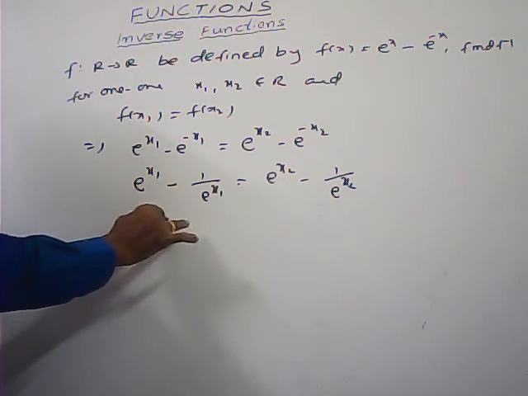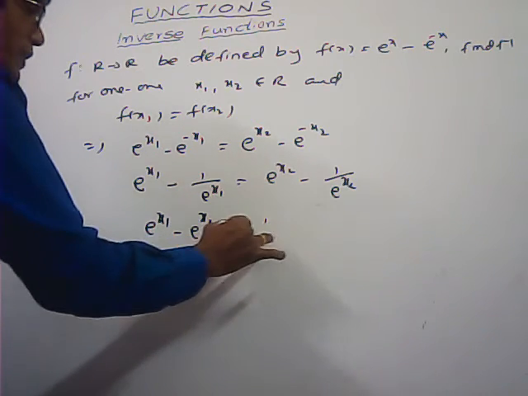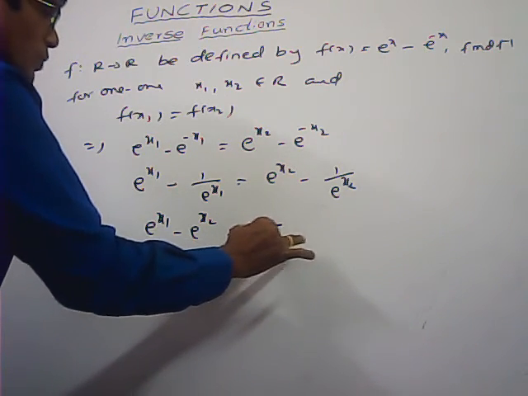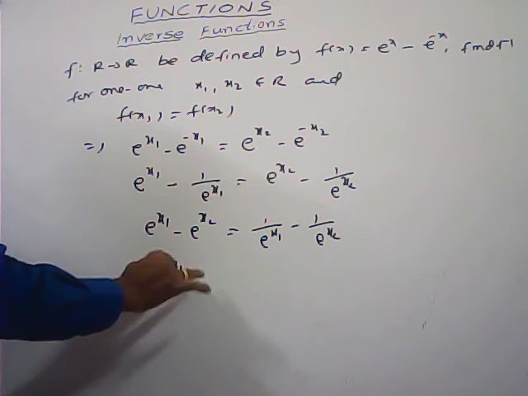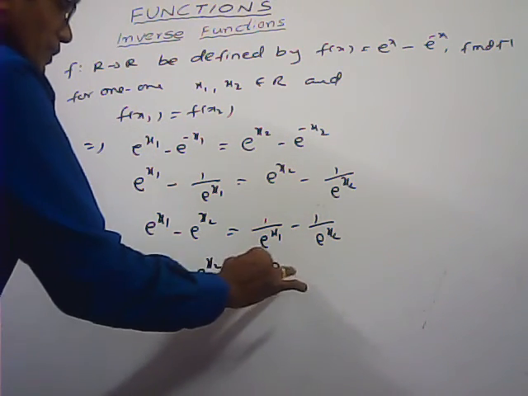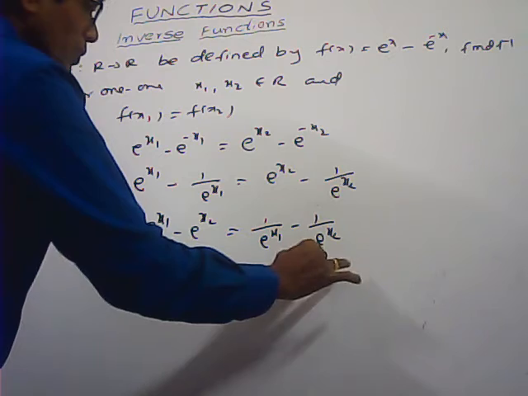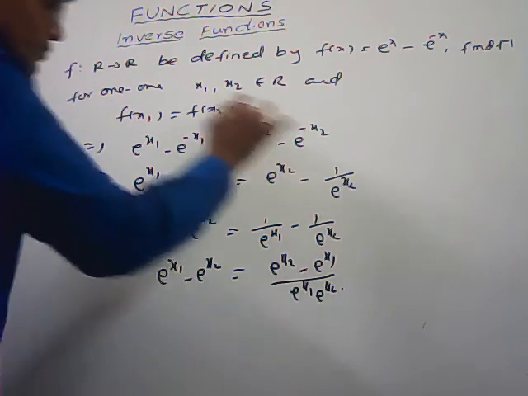Now e power x1 minus e power x2 equals, transposing, 1 by e power x1 minus 1 by e power x2. E power x1 minus e power x2 equals, if I take the LCM, e power x2 minus e power x1 by e power x1 into e power x2.